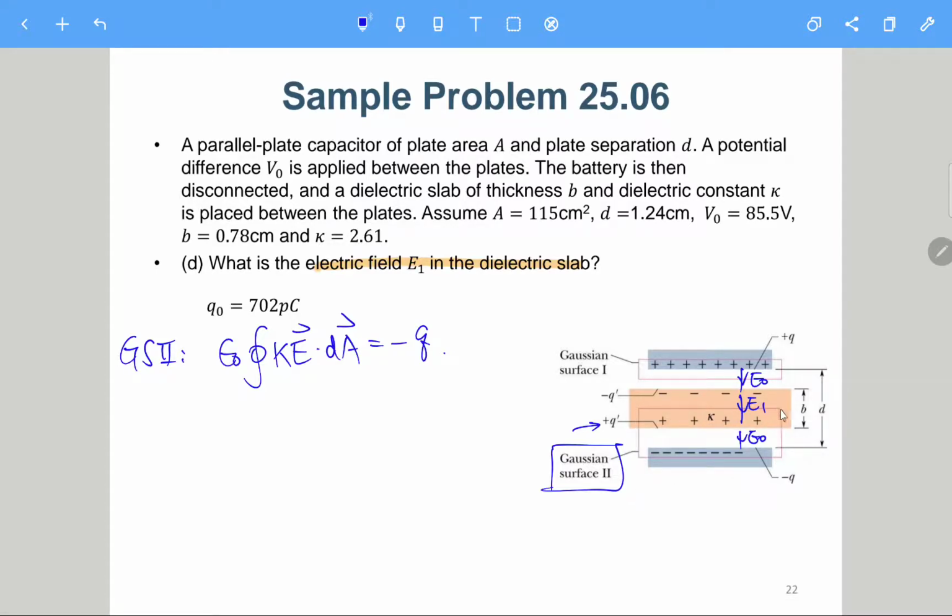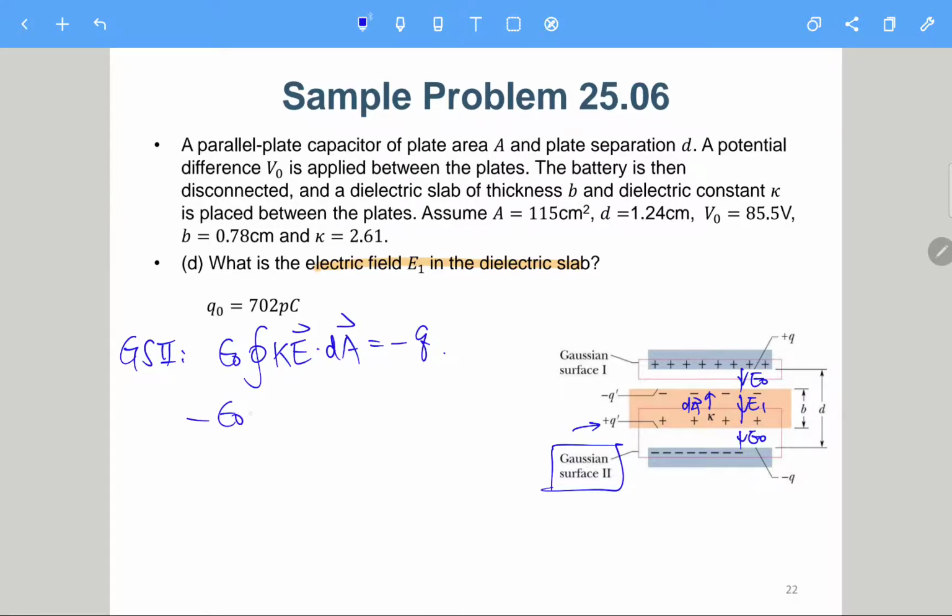So the only one is this side, and then E1 is pointing downward. However, dA should be pointing upward, which means that this should be a negative value.